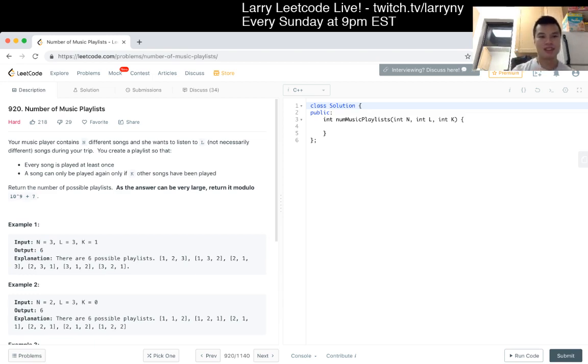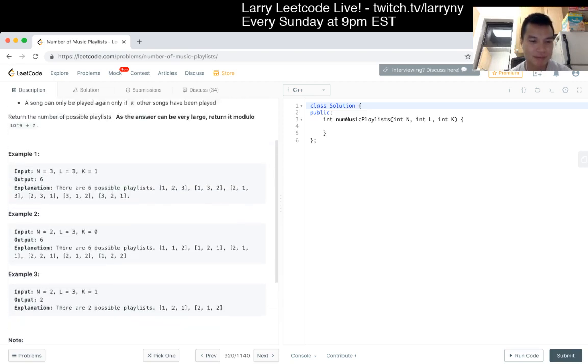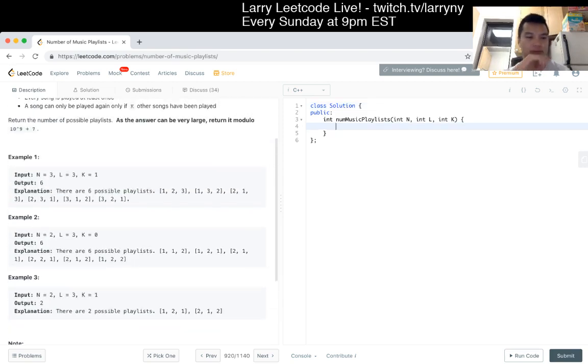I mean, it's a combinatorics problem, and it's probably some sort of dynamic program, but I have to think about it. Everything's 100, so what are the subproblems?